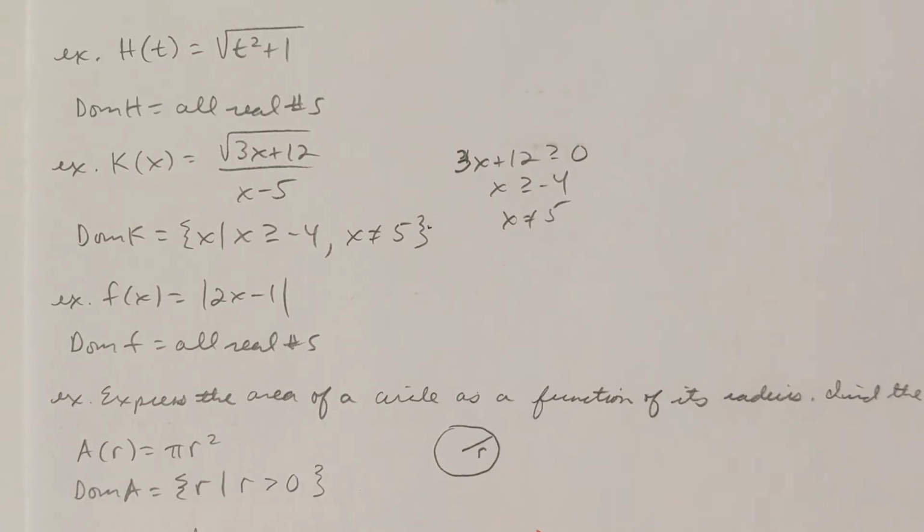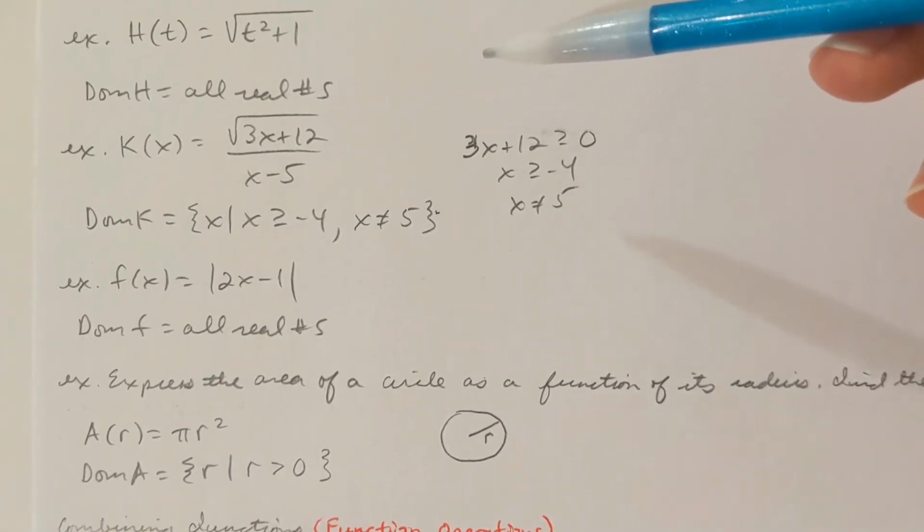So t squared plus 1 means that t squared is greater than or equal to negative 1. Well, that's always going to be true, right? t squared is always going to be greater than negative 1, because if I square any number, I always end up getting a non-negative.